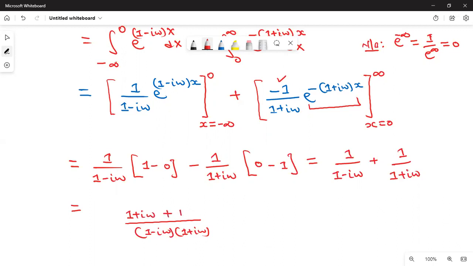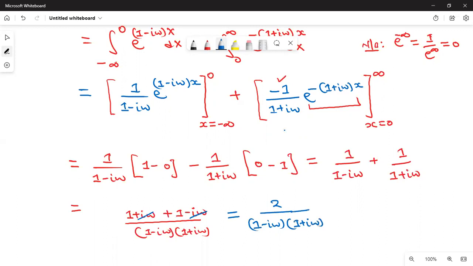Then plus 1 minus iω. So what we realize is that the iω will cancel, so that we have 1 plus 1 is 2. Here we have 1 minus iω times 1 plus iω.